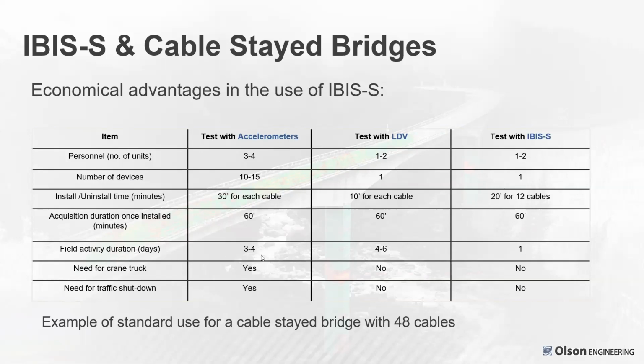So the field activity with the accelerometers, with the install and takedown and traffic control, that may take you multiple days to do a good quality assessment of a large bridge, where with the IBIS system, oftentimes on a single day, we can move around and monitor all the cables on a bridge. Again, there's no need for a lift or a boom truck, and there's often no need for traffic control.